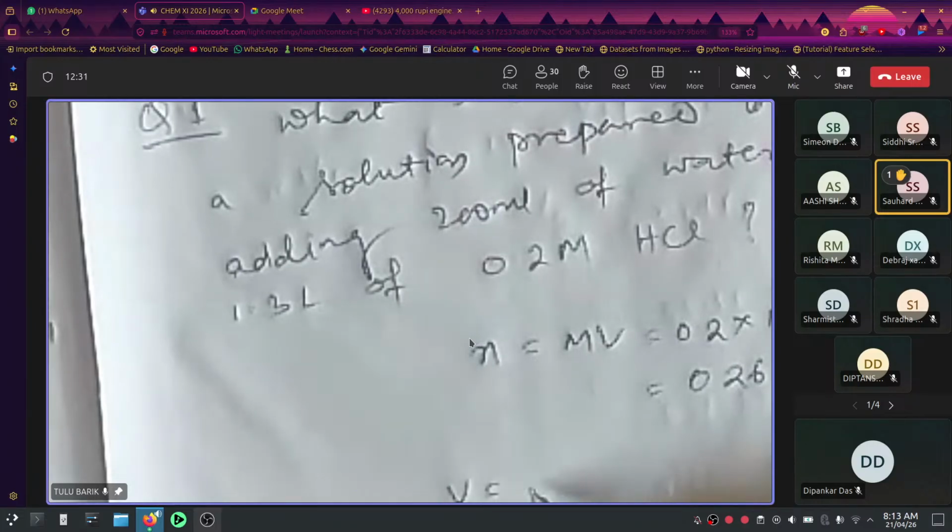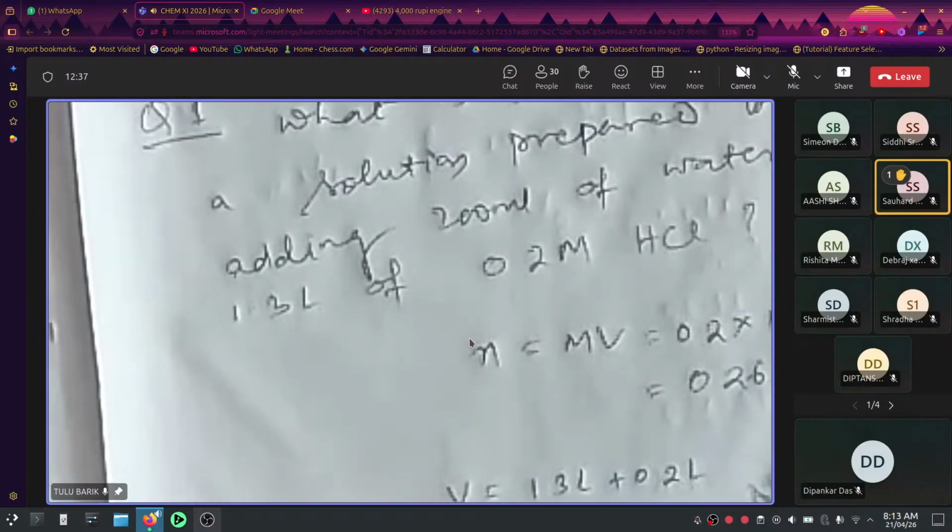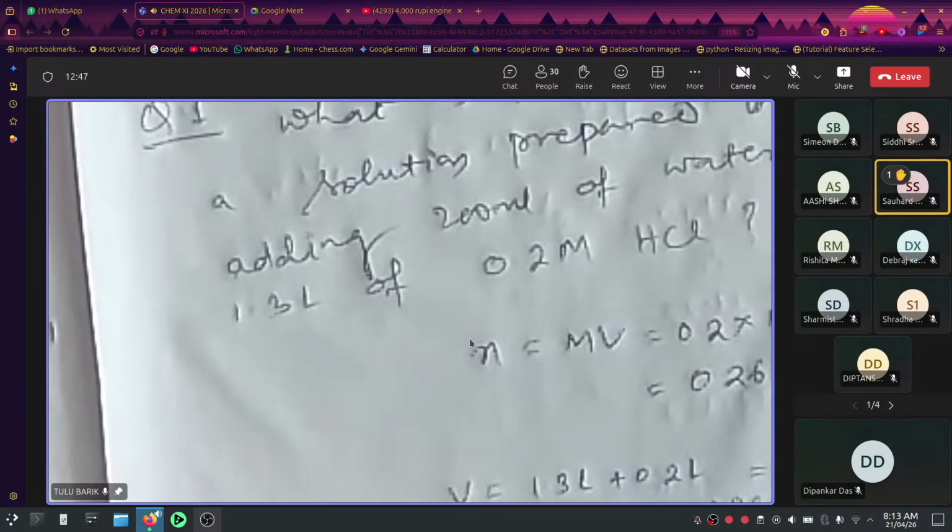So final volume is 1.3 liter plus 0.2 liter. That is 1.5 liter. So final molarity is n by V, that is 0.26 divided by 1.5.